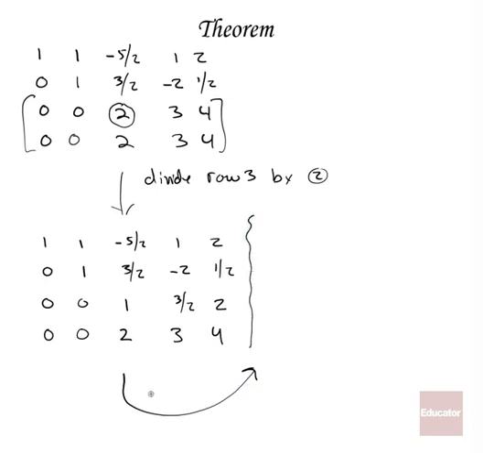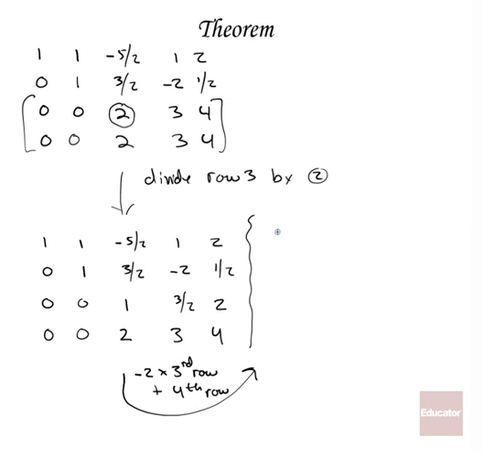What I'm going to do here is take minus 2 times this row, add it to this row in order to turn this into a 0. So we'll do minus 2 times the third row plus the fourth row.